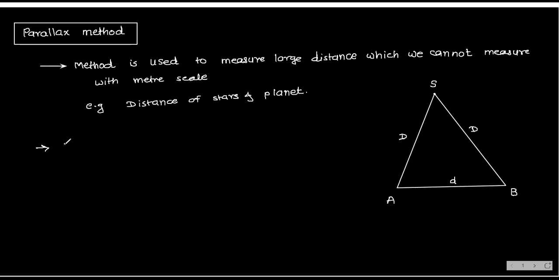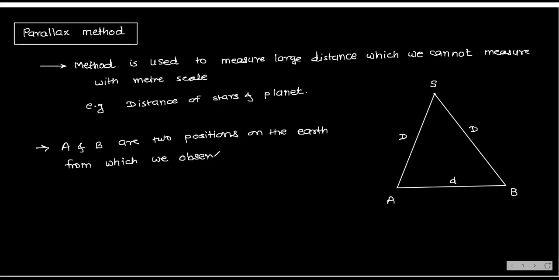So here I am writing: A and B are two positions on the earth from which we observe the planet. Next, small d is what?